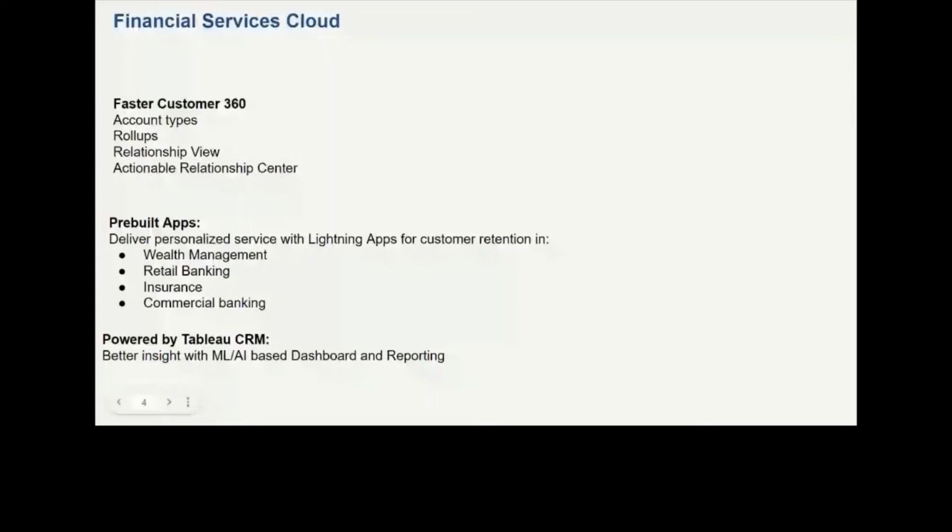But in Financial Service Cloud, there is a concept of person account. Person account is a combination of account and contact object, where if the account is a business and the contact is an individual, and the person account is activated, then the contact is part of the account. So that means it is kind of an account relationship.